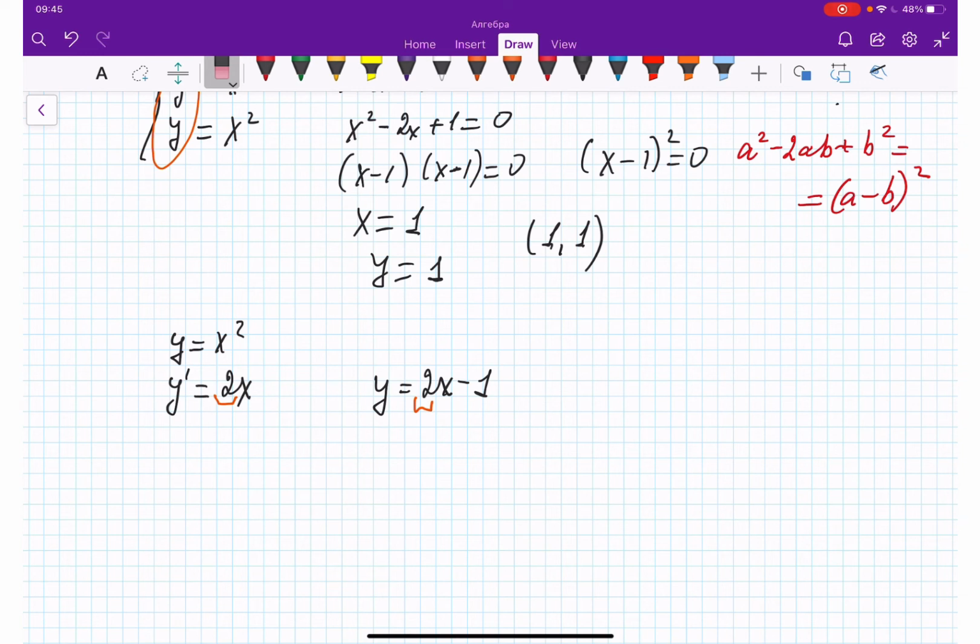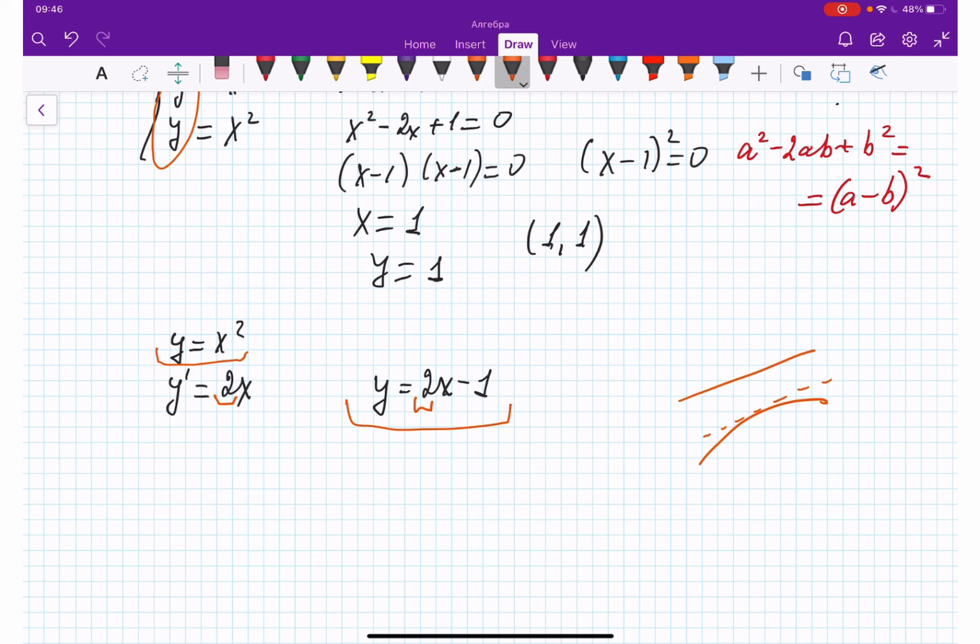Even though both equations have the same slope, I would hold back from insisting that y is equal to 2x minus 1 is a tangent line to y is equal to x squared, because it could be a parallel line. Parallel lines have the same slope, correct? Let's say if this is our tangent, a parallel one would have the same slope.